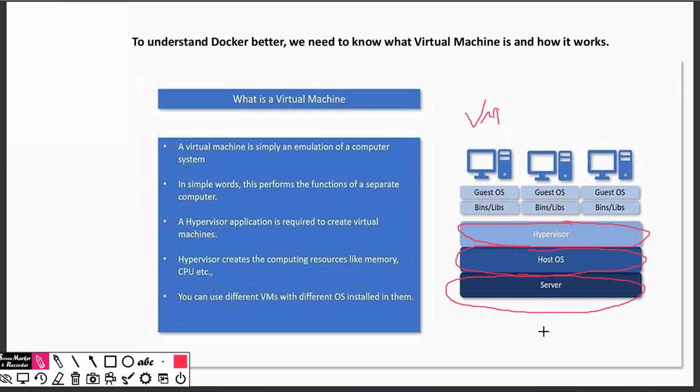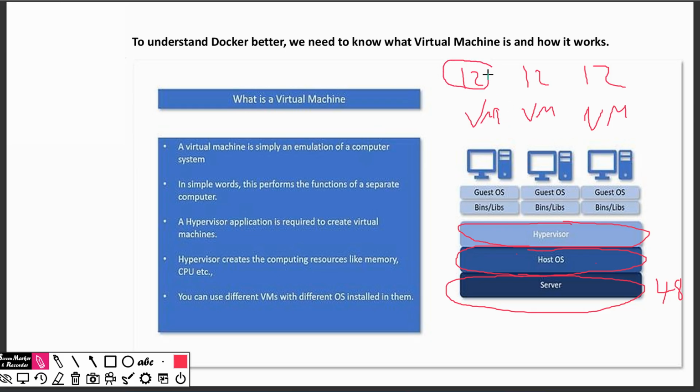Means if your server has 48 GB of RAM, then you share it among the VMs which you create on top of the hypervisor, like 12 GB, 12 GB, 12 GB RAM, 36 GB RAM, and for the machine which you create further, you allocate the space.